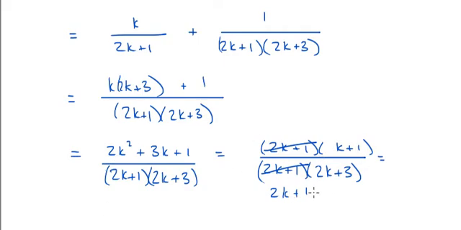So that's not 2k plus 1, that's k plus 1. Over 2k plus 3, which we can write as 2(k plus 1) plus 1, which is what we were aiming for. So that is equal to the sum of 1 to k plus 1 that we were looking for.